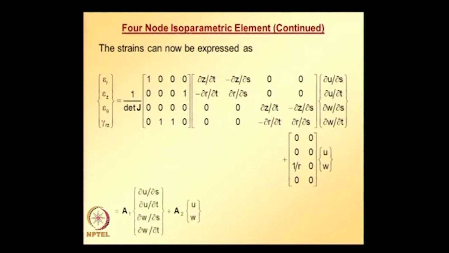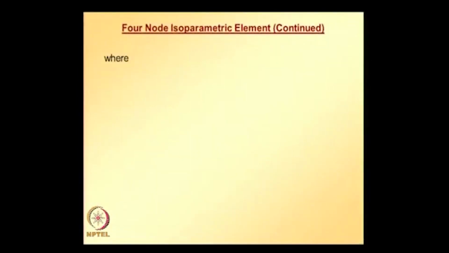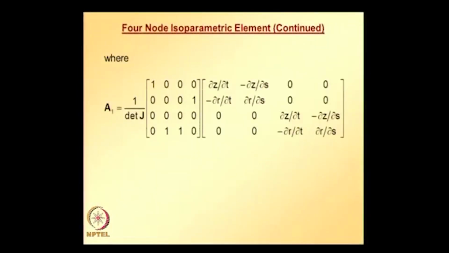We can define some intermediate quantities A1 and A2, which can easily be figured out by comparing the two equations. A1 is defined like this, A2 is defined in this manner.